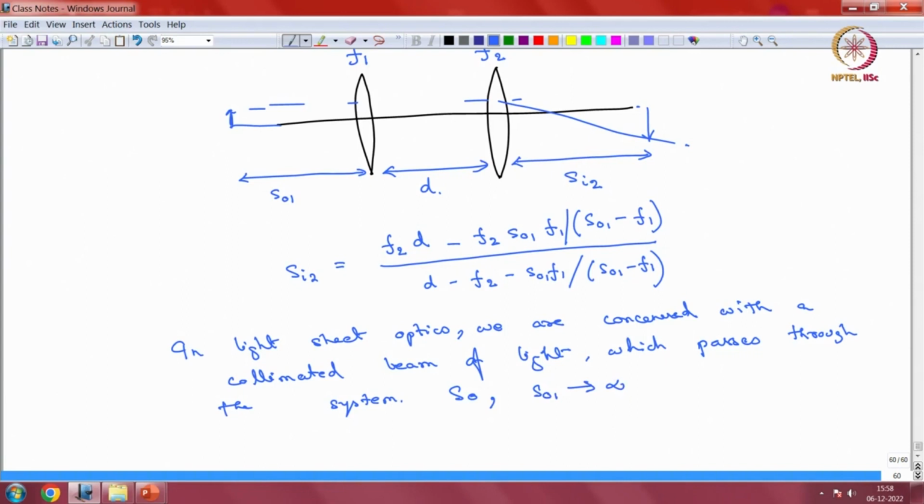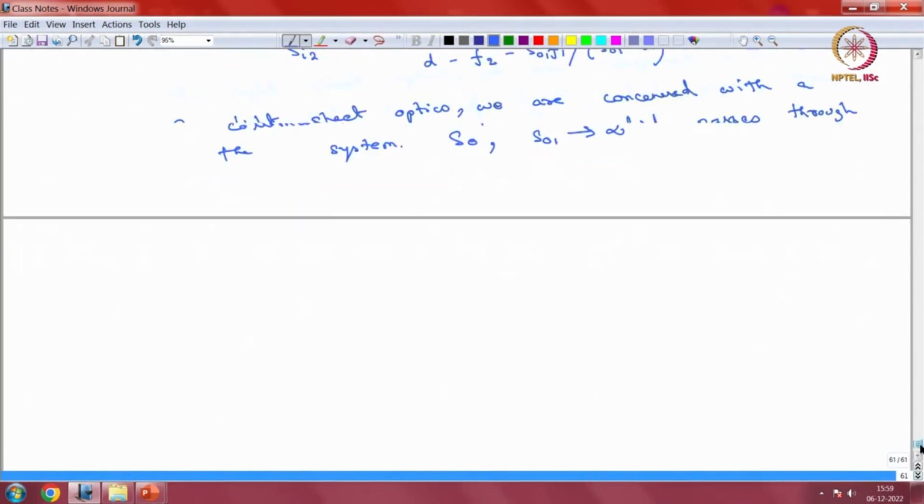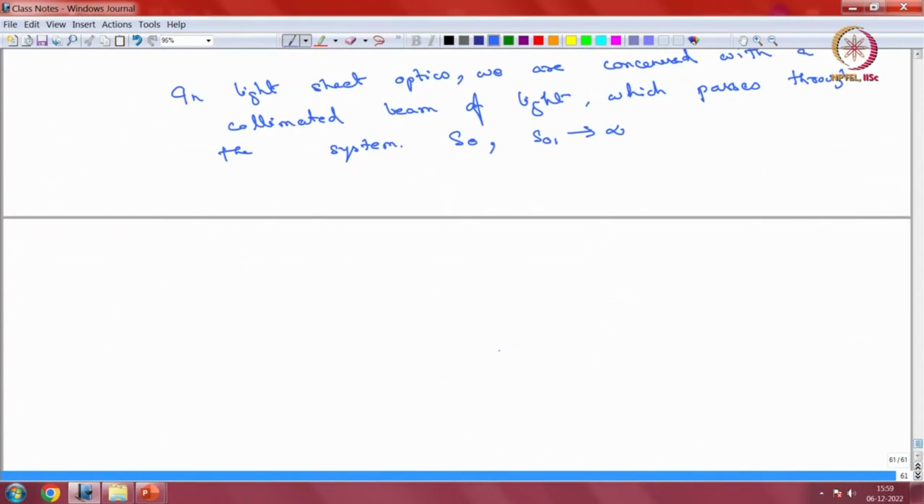And wherever the image forms when a collimated light enters, that distance you can calculate now with this above formula, and that distance is also called the back focal plane. Okay. So, the back focal plane is where the image is formed when you have a collimated light entry.